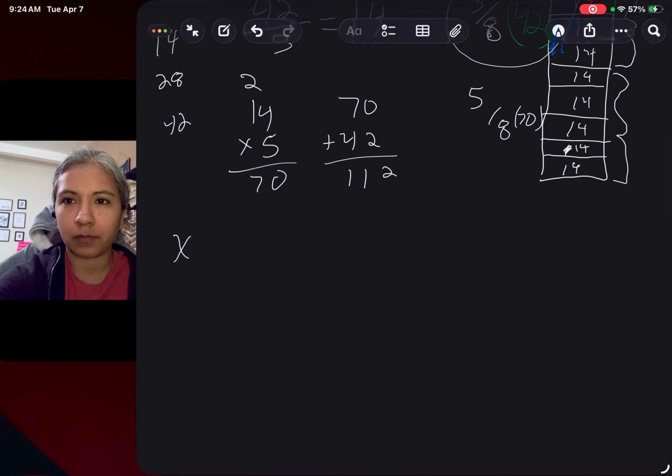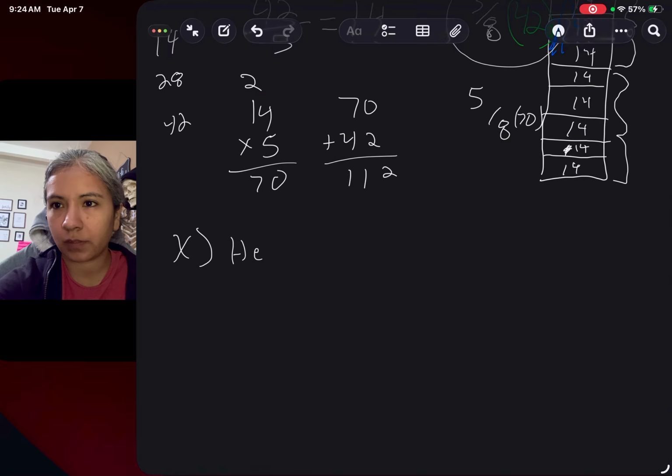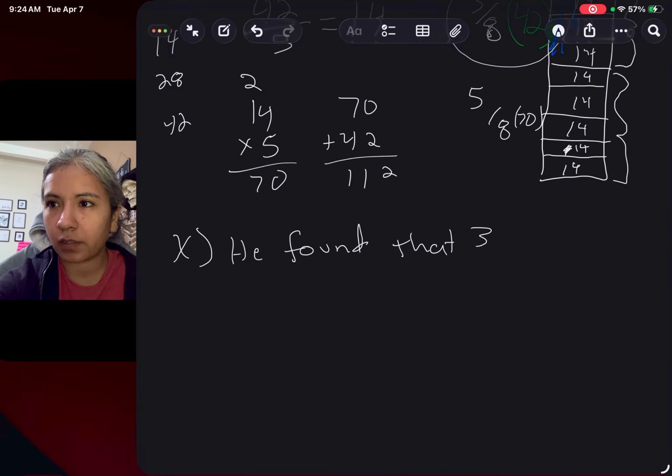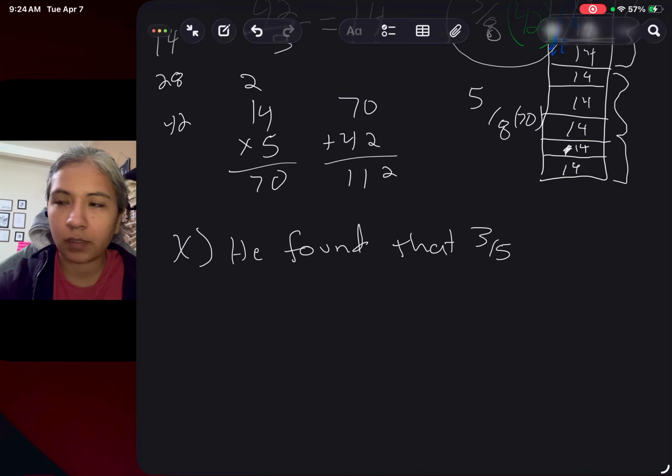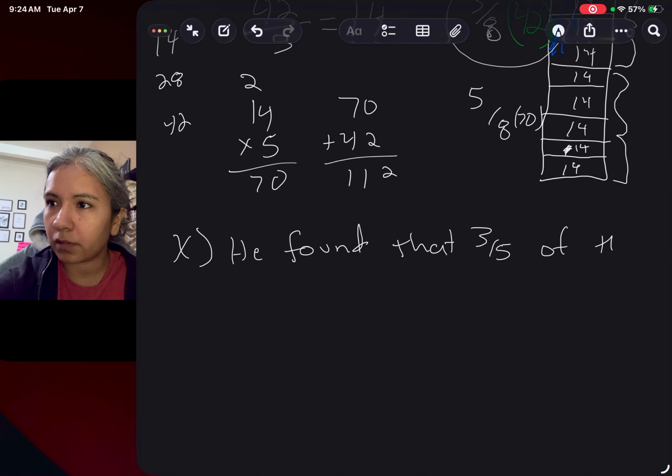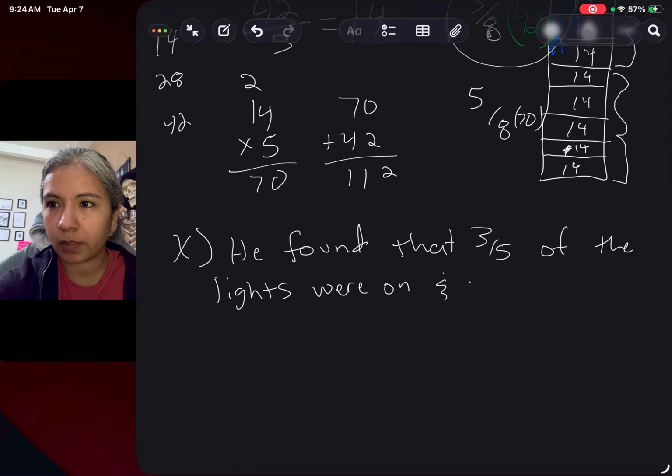Okay, so we're going to do one more example. As Grayson went from room to room, he found that 3/5 of the lights were on, and that 20 were off.